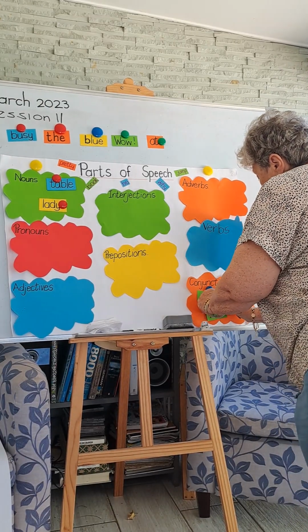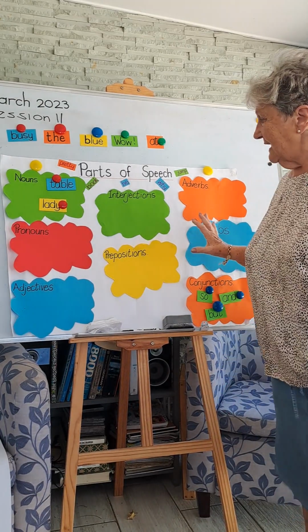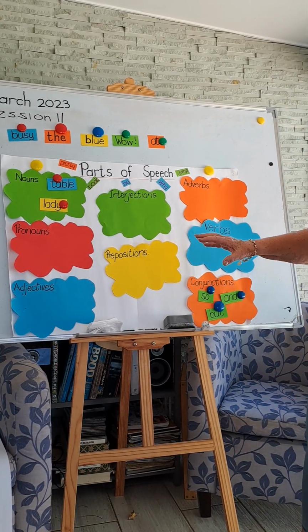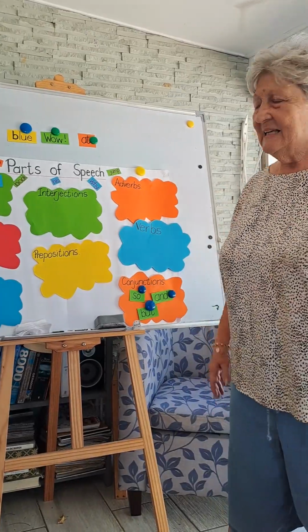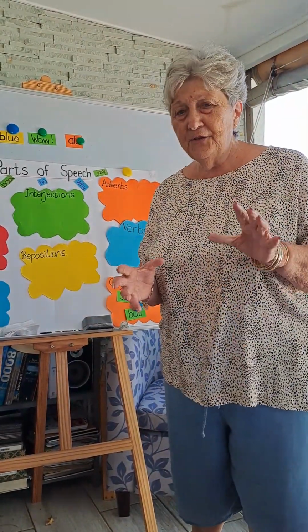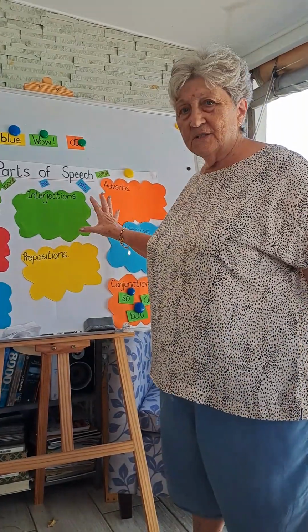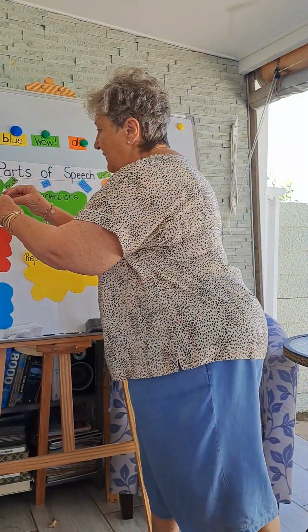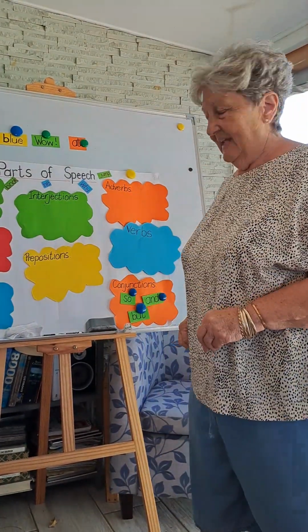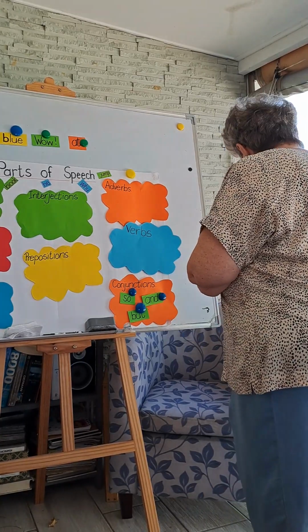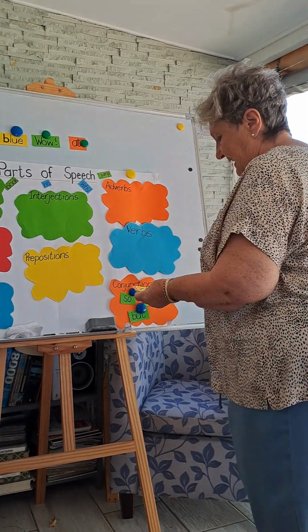Right. Now, once I've done this whole lesson, I say to them, let's have a look and see whether you know what has gone on here. And I would take all these off. And then I would say to one of them, come up and show me where this word would go.